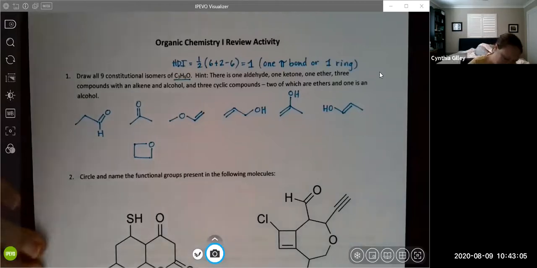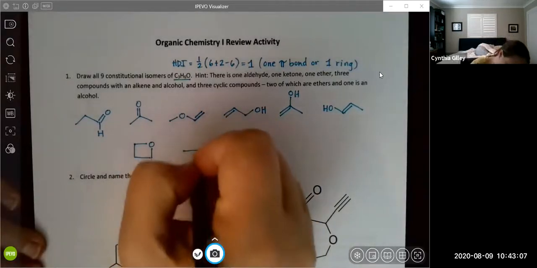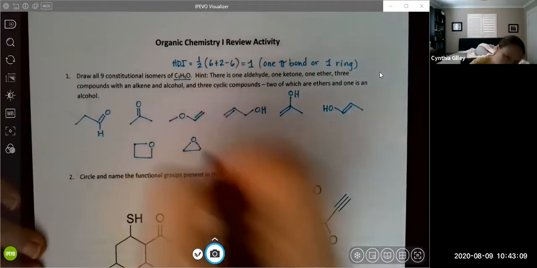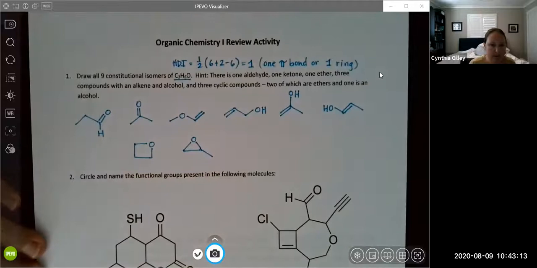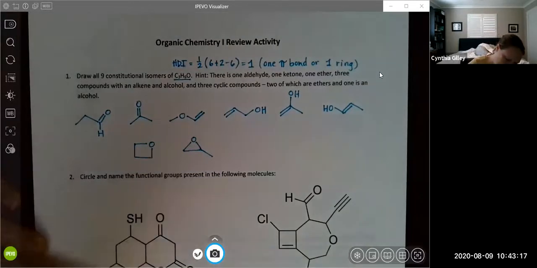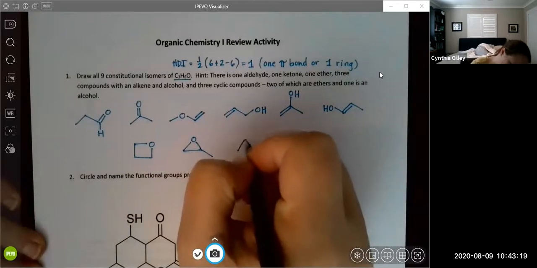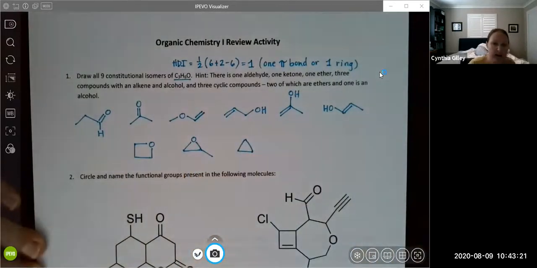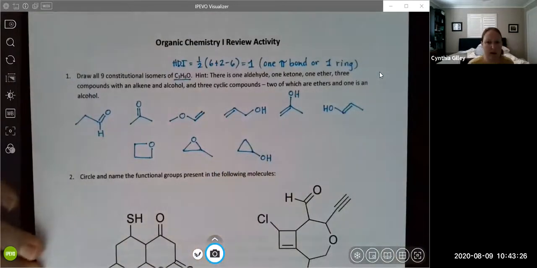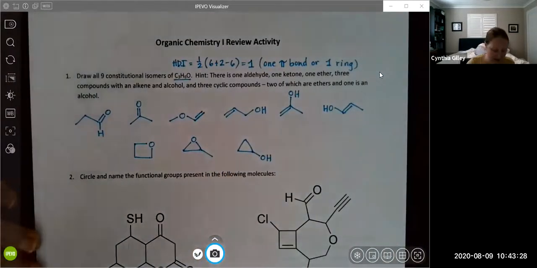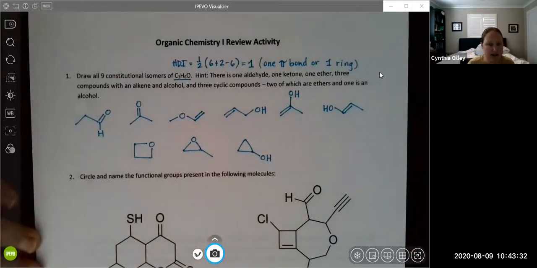It's also possible to have a 3-membered ring ether with a carbon outside of the ring, like a methyl group. Or maybe also possible to have 3 carbons in the ring and the alcohol outside. So that's 2 ethers and 1 alcohol, which matches the hints.